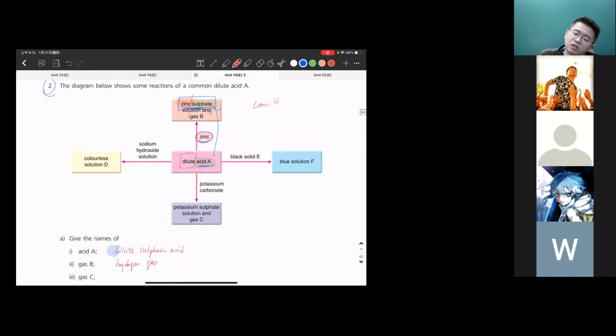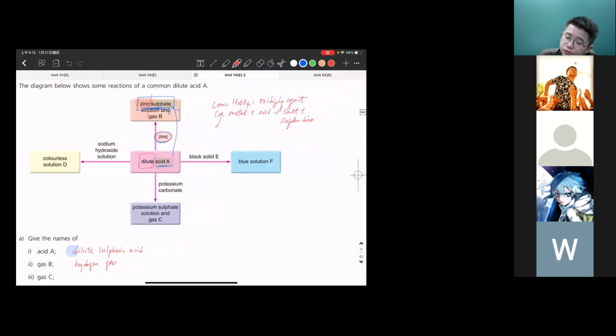It's much different because concentrated sulfuric acid is an oxidizing agent. So when you have a metal react with that acid, it will form salt, sulfur dioxide, SO2, and also water.